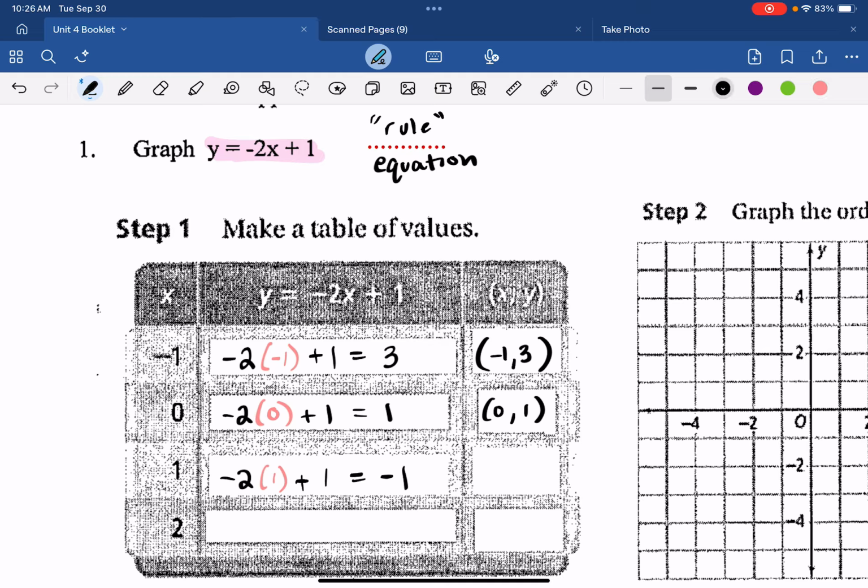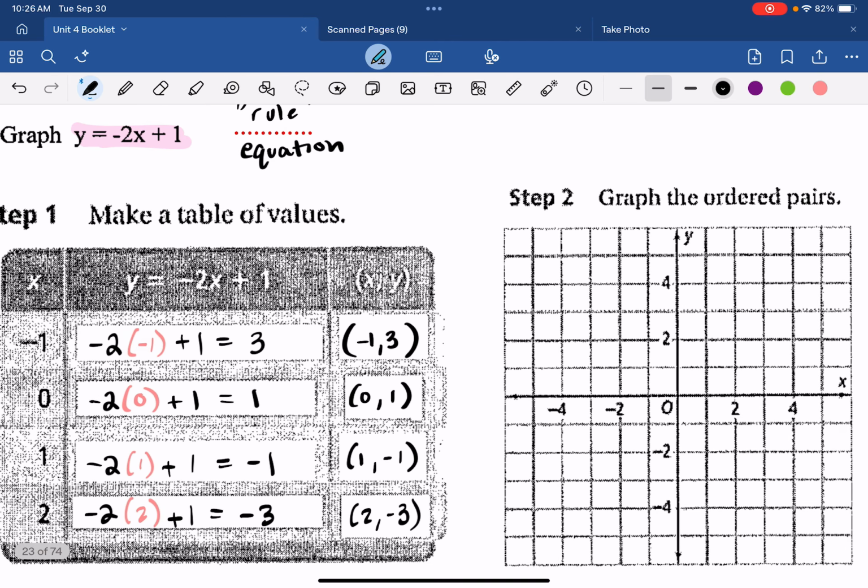We solve, we get -1, so I'm left with 1, -1. And last but not least, I plug in a 2. I solve and get -3. So I have 2, -3. So that's just us plugging our values in and seeing what we get from our chart.